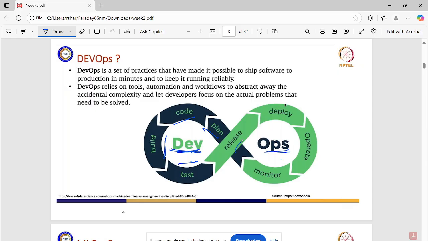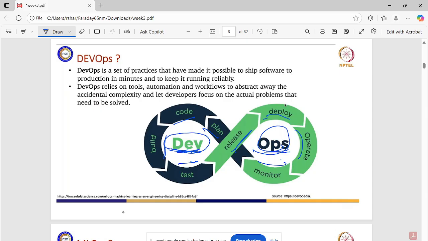So we have to release, deploy, operate, and monitor. So this is the operational part of the project implementation, whereas this is the development part of the project implementation.